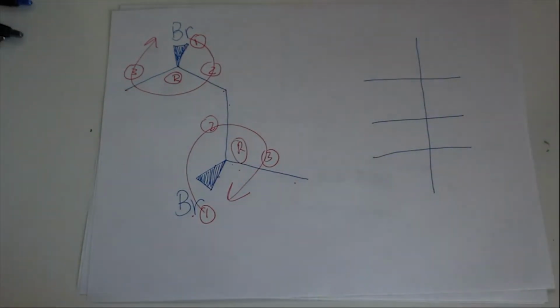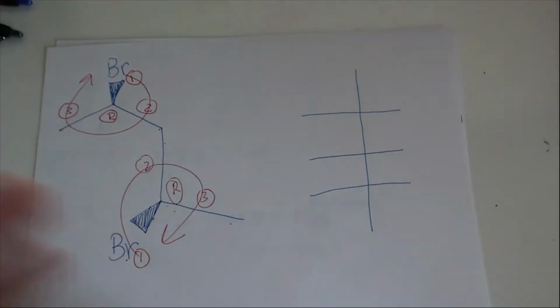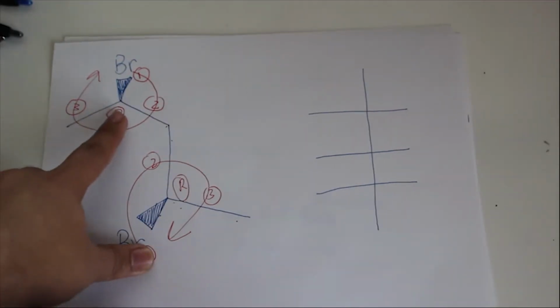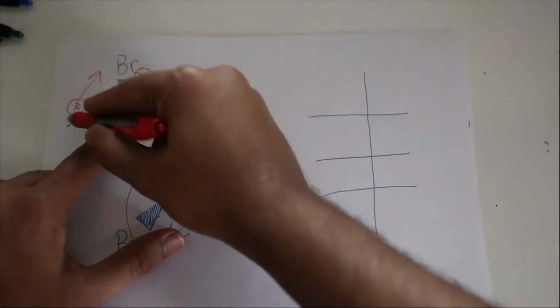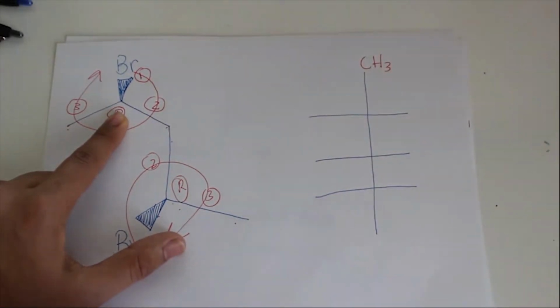Okay, so what we're going to do is draw it on this structure just as it is. This carbon is bonded to another carbon. Okay, so we have that carbon, which is a CH3, right?